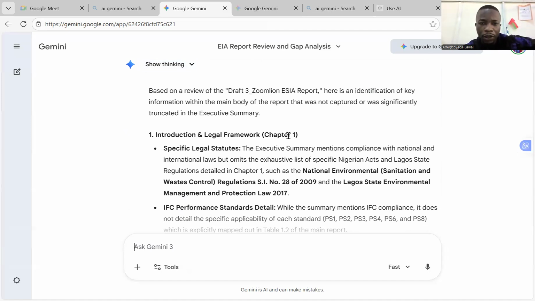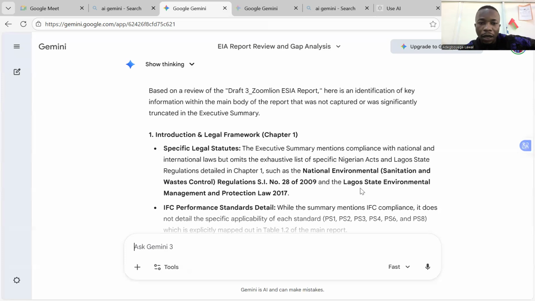Introduction and legal framework, chapter 1, specific legal status. The executive summary mentions compliance with national and international laws, but omits the exhaustive list as specified: Nigeria Act, Lagos State regulations such as National Environmental Regulation SI 28 and Lagos State Waste Management and Protection Law.